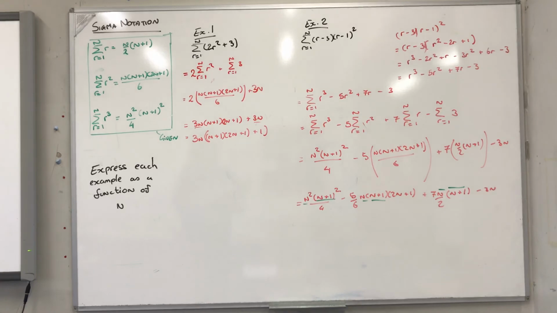So really what we're trying to do is simplify it so that if I then need to deal with it in the next part of the question, I can use it a lot better.